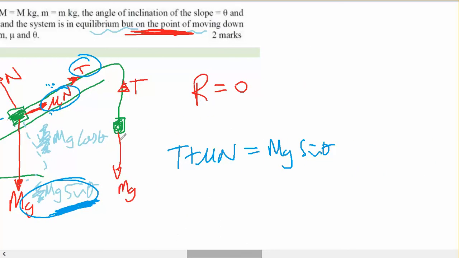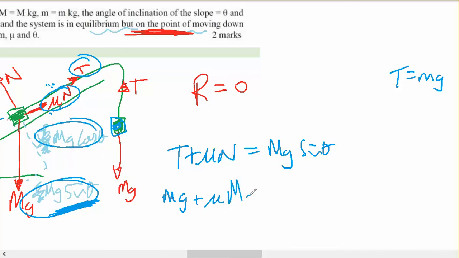Since it's about to move, this particle back here isn't moving, therefore T equals small mg. So I've got small mg plus mu times N, and N is equal to capital Mg cos of theta, should equal capital Mg sine of theta.